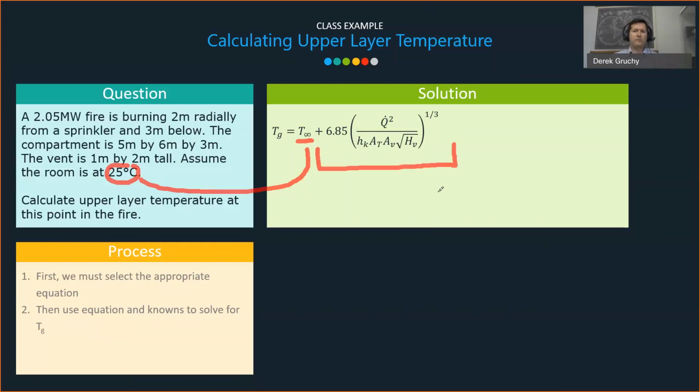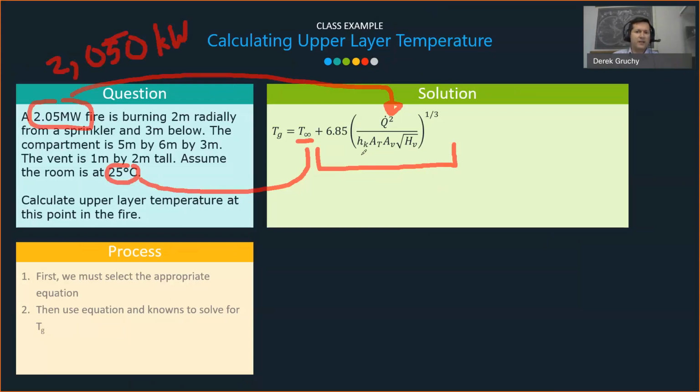Okay, so whatever the room temperature is plus how much energy is being added based on the geometry of the room and how big the fire is. So that 2.05 megawatts is going to be our heat release rate. And we have to remember the heat release rate is in kilowatts. So we're going to have to multiply that by 1,000 to get 2,050 kilowatts.